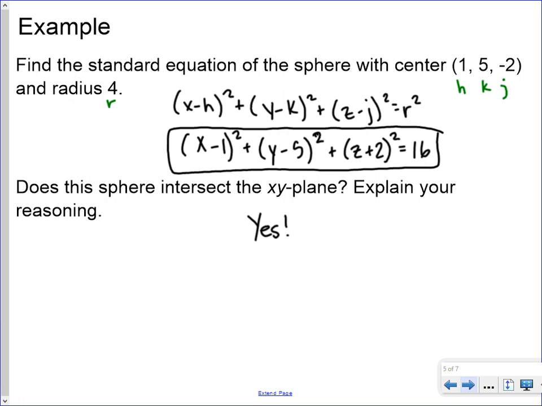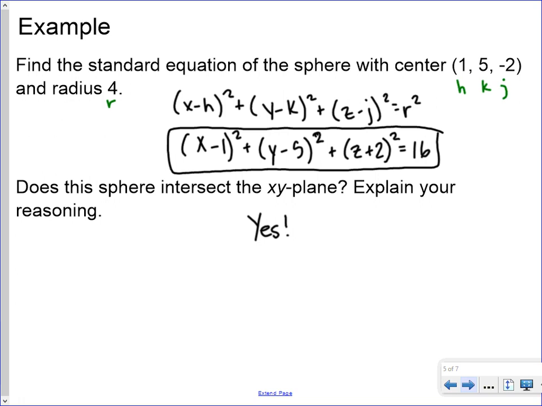Yeah. I mean, in order for you to intersect the xy plane, you're really thinking about z at that point, aren't you? Like, how far away from the xy plane is your sphere, and to move it away from the xy plane, you're moving it with z. You're adding so that you're moving it up, putting it in space, or you're subtracting and moving it down in space.